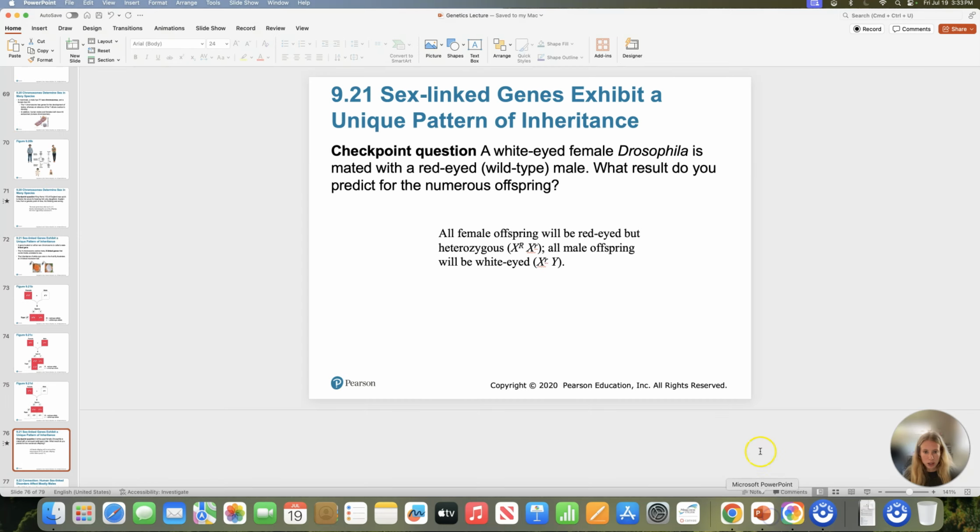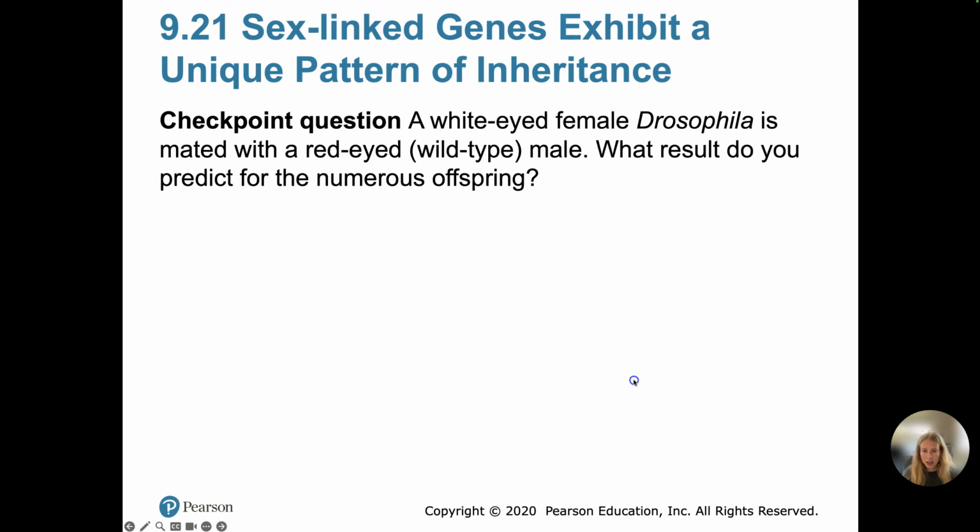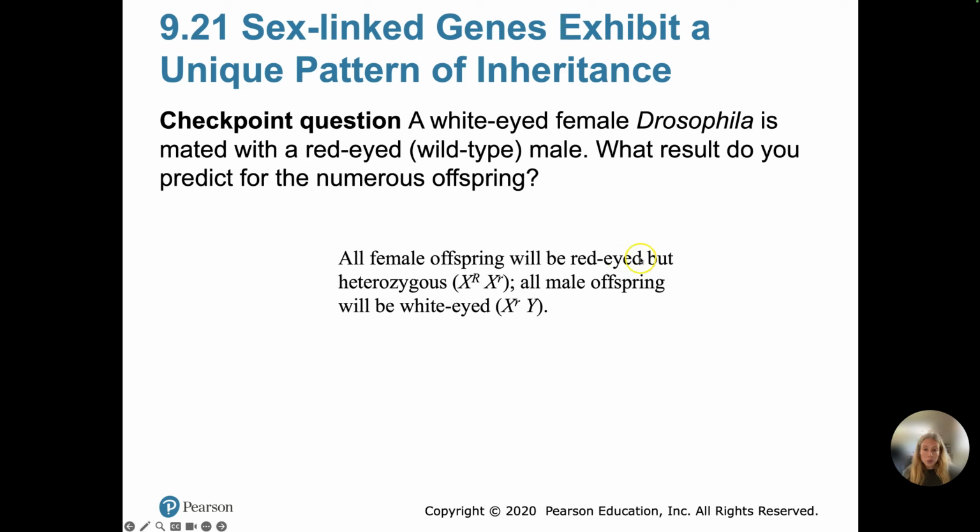So let's see if that's what the checkpoint question response is. All female offspring will be red-eyed but heterozygous or carriers, that's what we found, and all the male offspring will be white-eyed, X lowercase r, Y, that is also what we found.